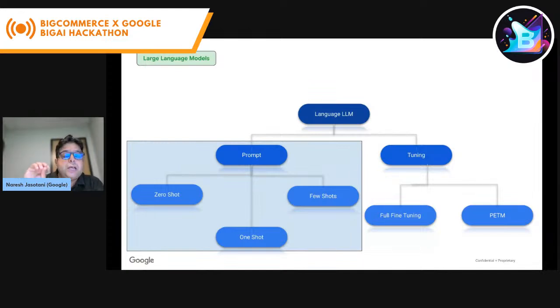But then model tuning means you are creating a replica of the big PaLM model and creating a smaller version of a model and training specifically on your data. Think about that.